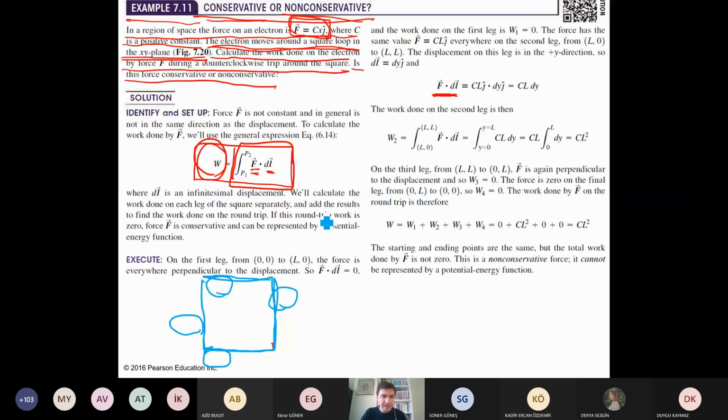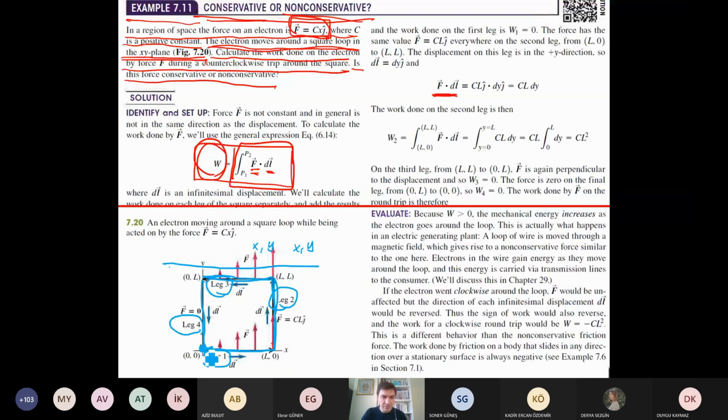On the first leg, from (0, 0) to (L, 0), this is X, this is Y. Look at this position, the origin: X is 0 and Y is also 0.